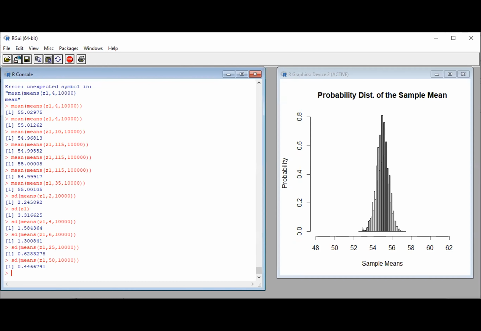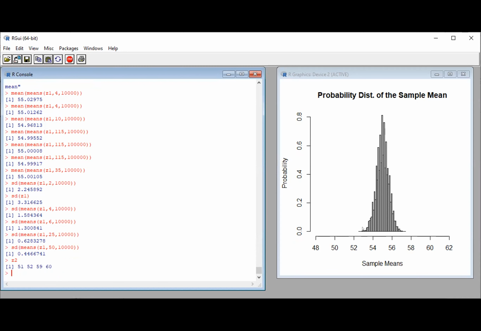Now let me pick another data set. So this time I have only these 4 numbers.